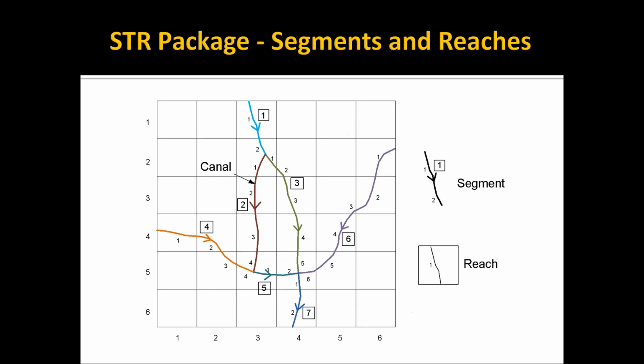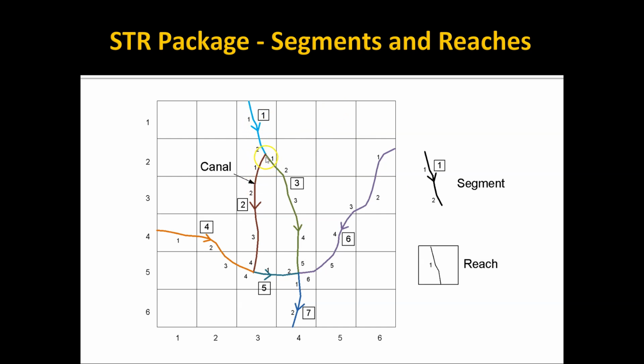If we look at the next slide, this is a diagram from the STR documentation. Again, you overlay your river with the grid cells, and you mark what cells are overlapped. But in this case, you put them together into a sequential series of what are called river segments. For example, segment number 1 would include 1, 2 reaches.